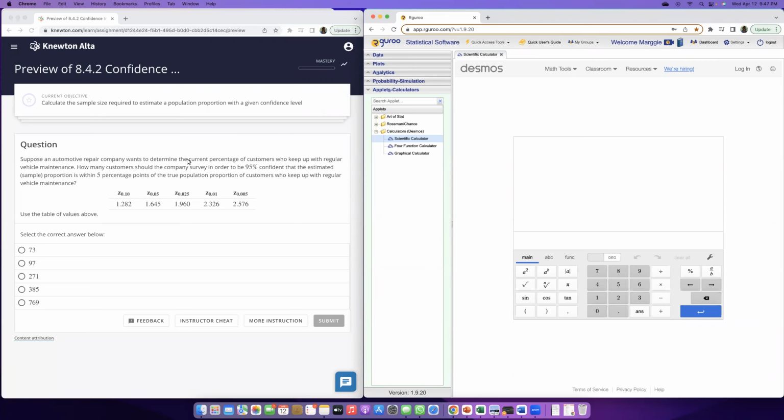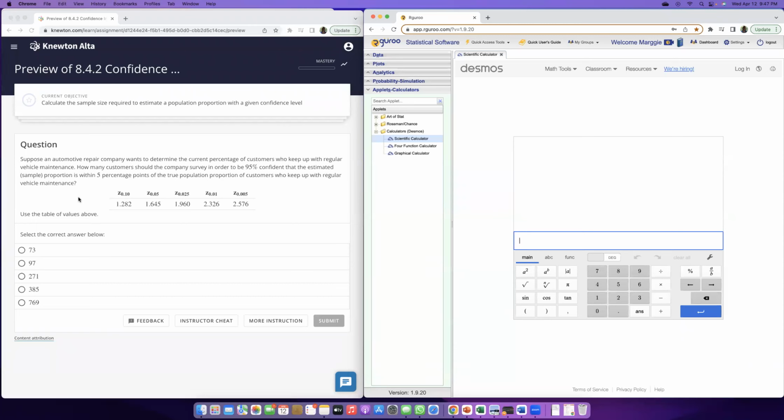So I have my homework in here and I have RGuroo open and I have my calculator here so I can kind of type the formulas in here for you. So let's just start with this problem. It says, suppose an automotive repair company wants to determine the current percentage of customers who keep up with regular vehicle maintenance.